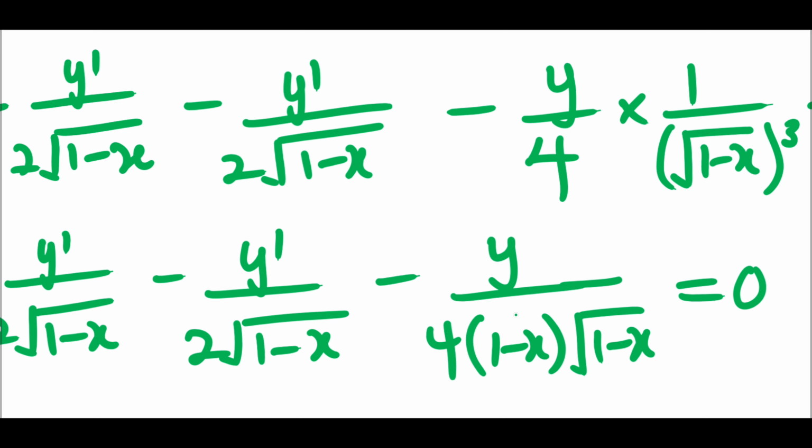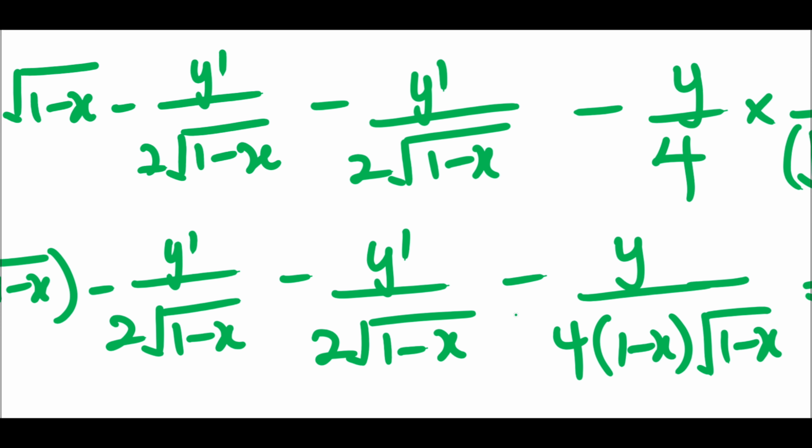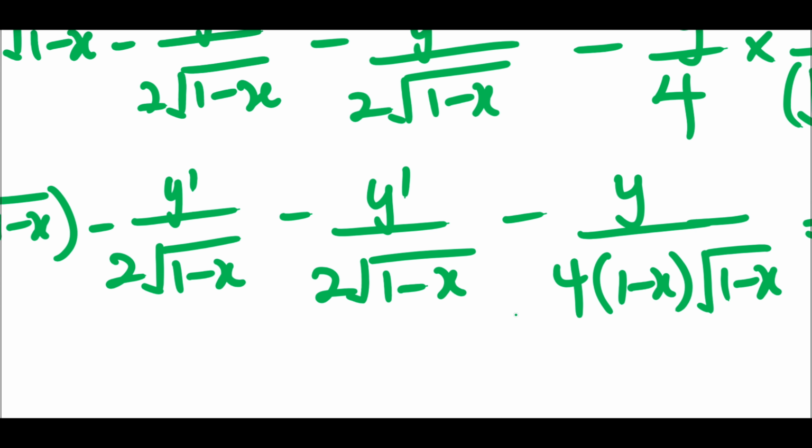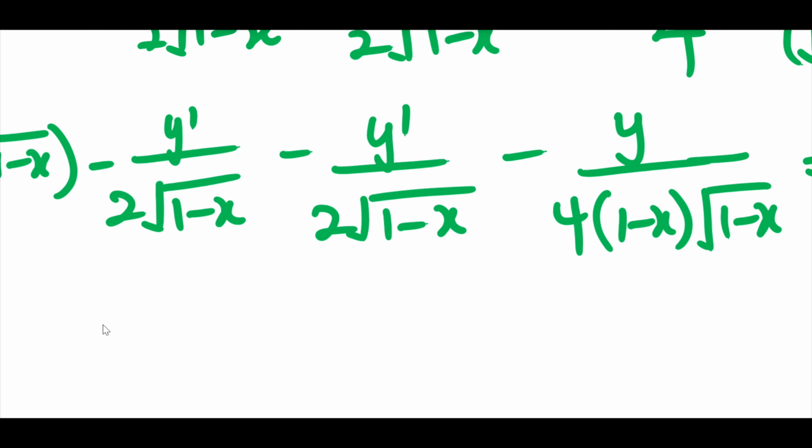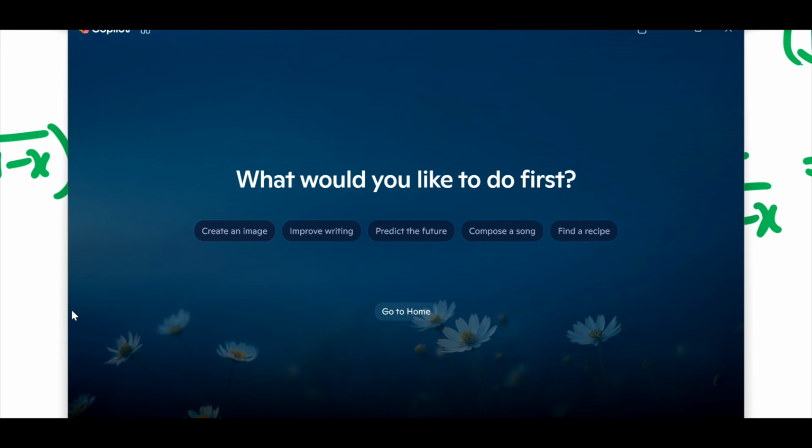So we need to now get the LCM. So the LCM will be 2 multiply the square root of x, then multiply 1 minus x. So that will be the LCM. So we are going to use the LCM for the denominators.